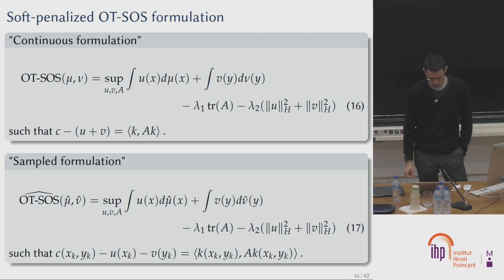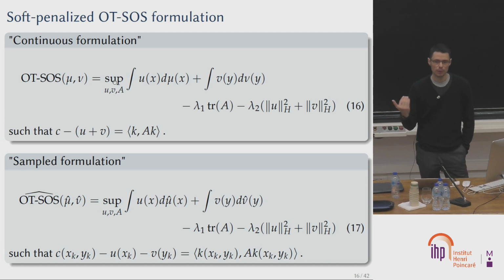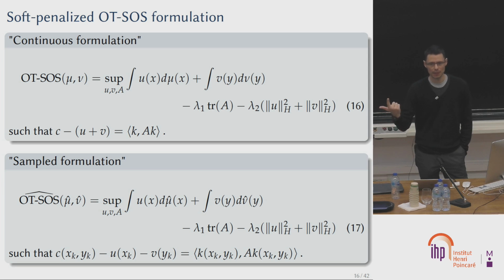So in the continuous formulation, when we have access to all mu and nu, this is simply the dual formulation plus a regularization penalty on the norm of U and the norm of V in the corresponding reproducing kernel Hilbert space with a penalization lambda 2, which we're going to adjust. And we need to penalize the trace of the SDP operator A. Okay.